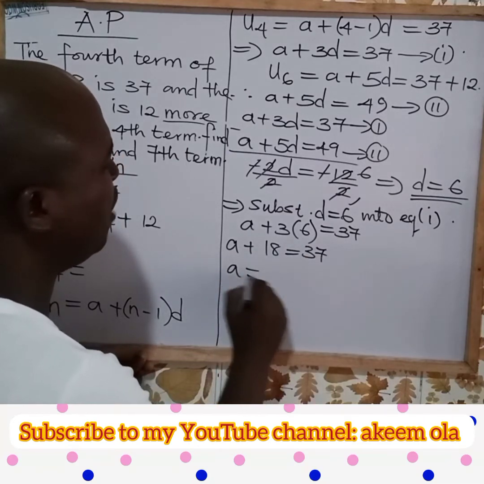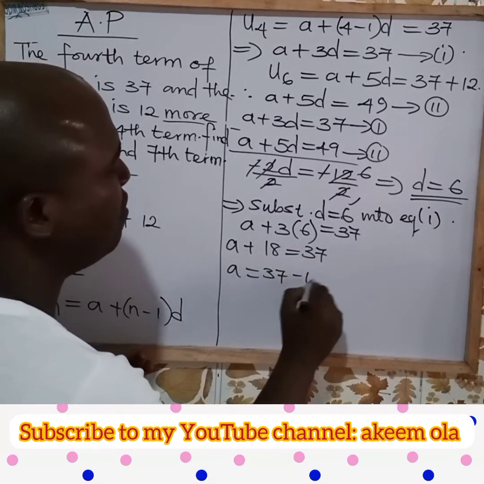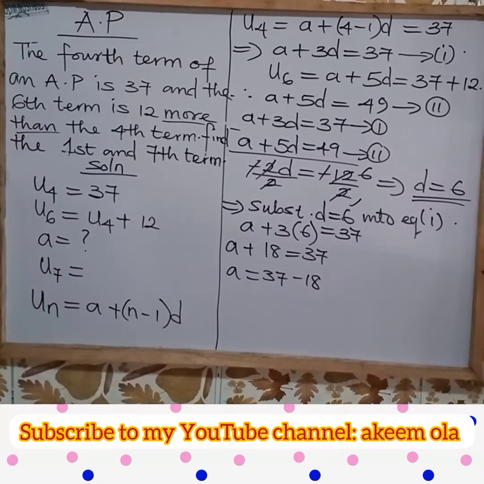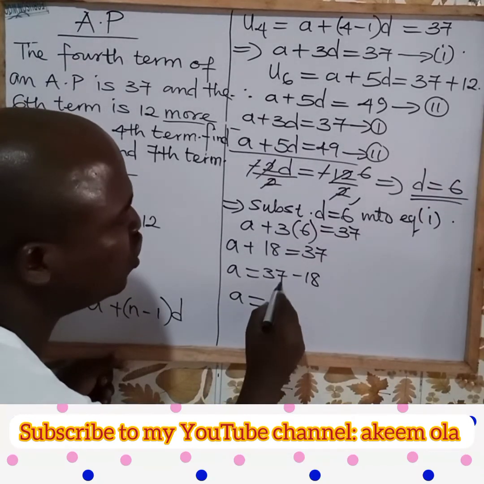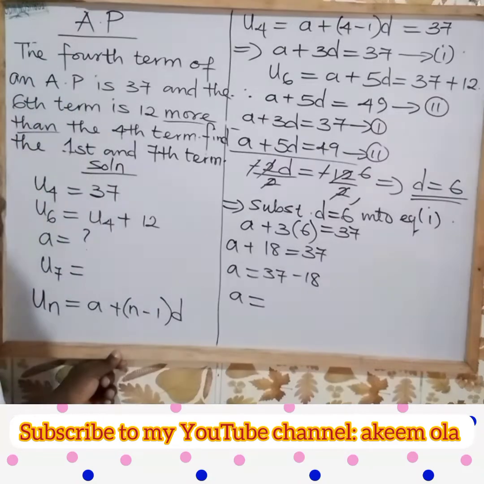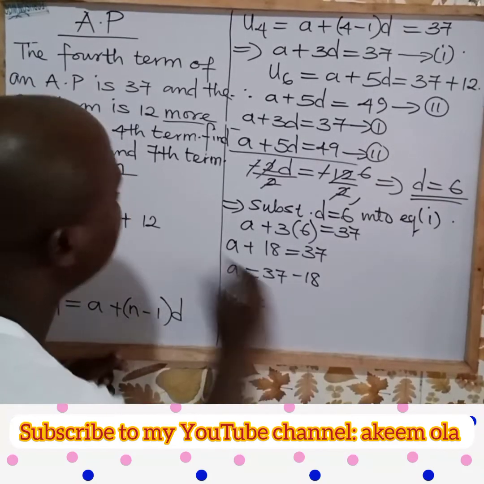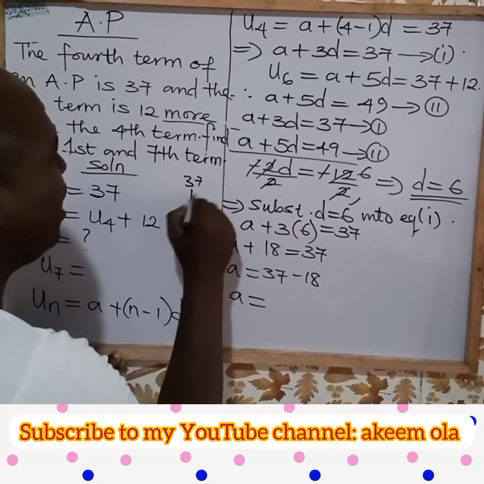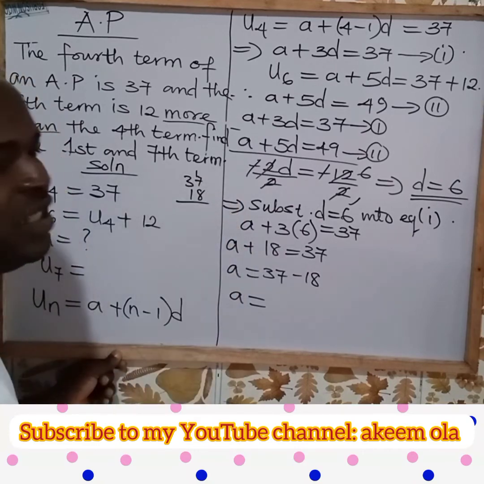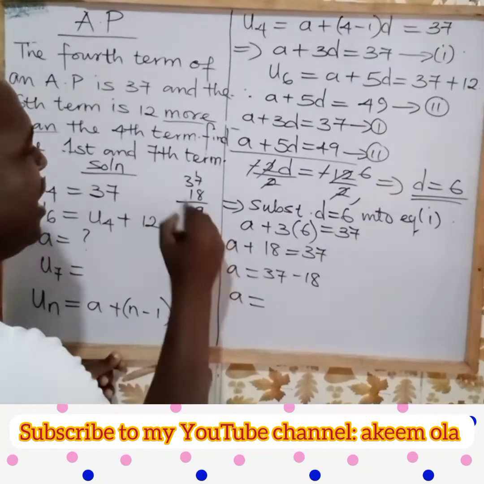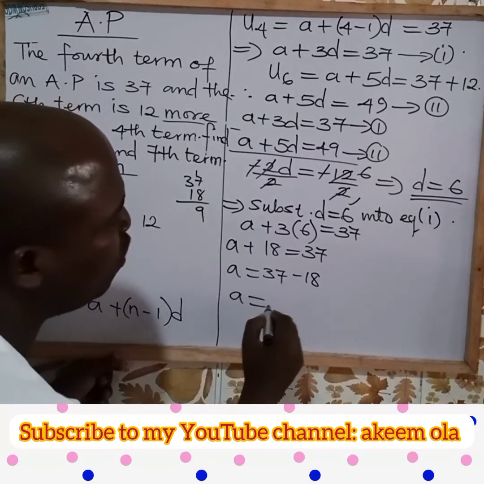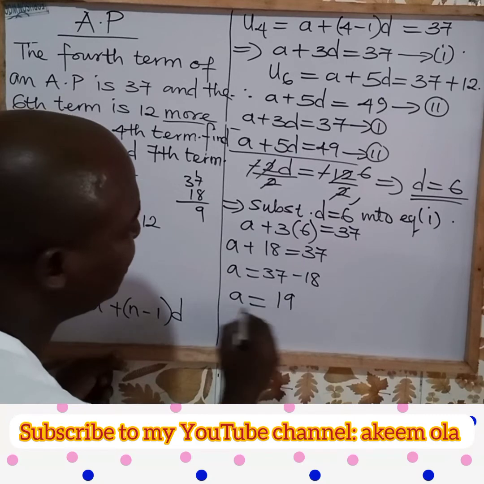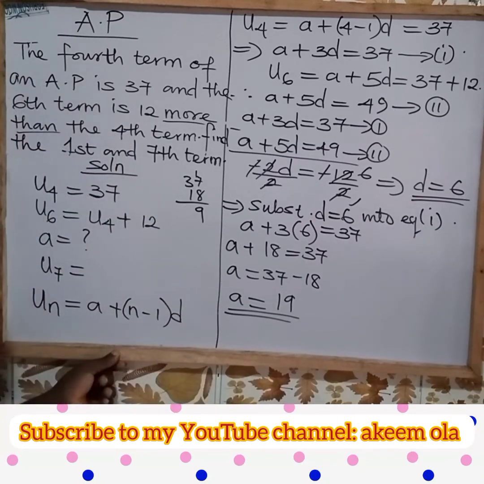So A will be 37 minus 18. 17 minus 8 gives 9, and 3 minus 1 gives 2, so we have 19 to be the value of our A.